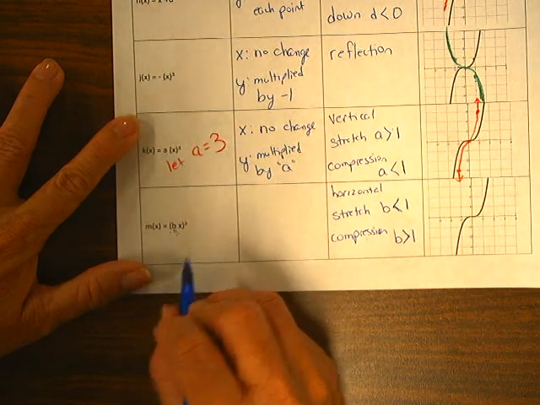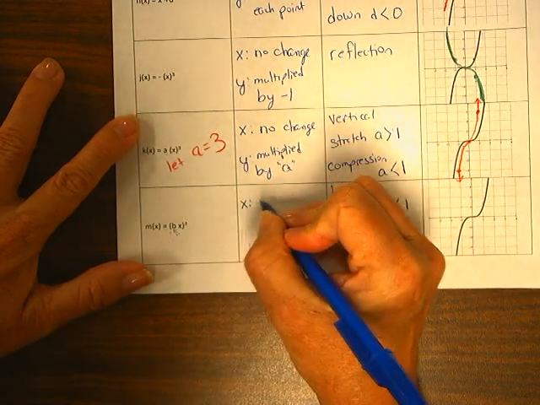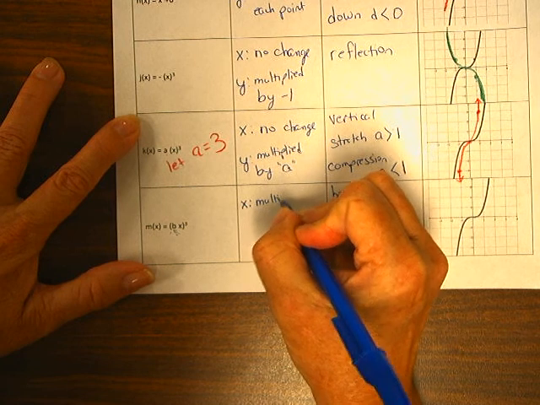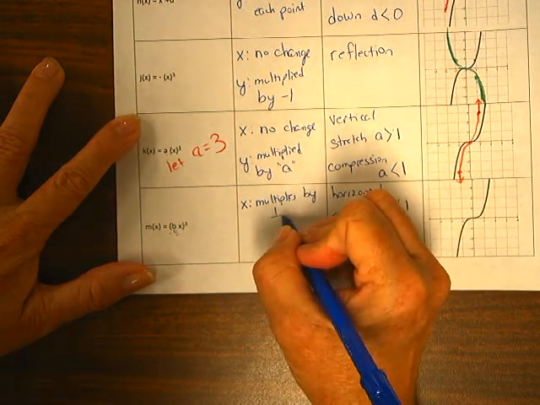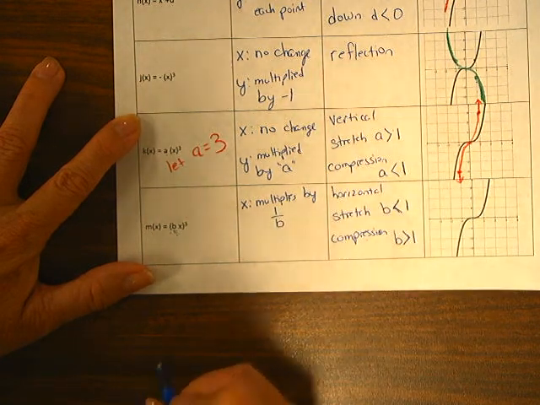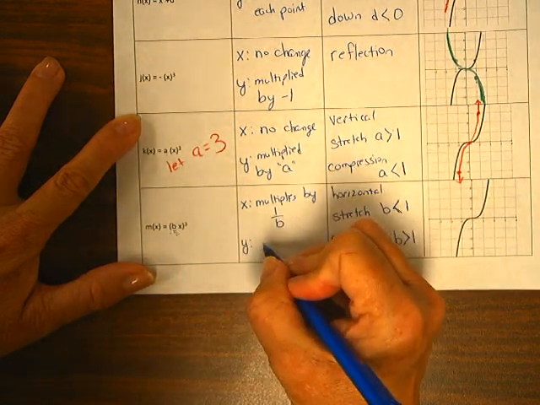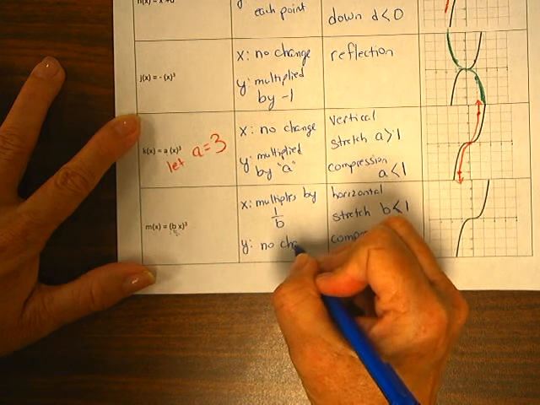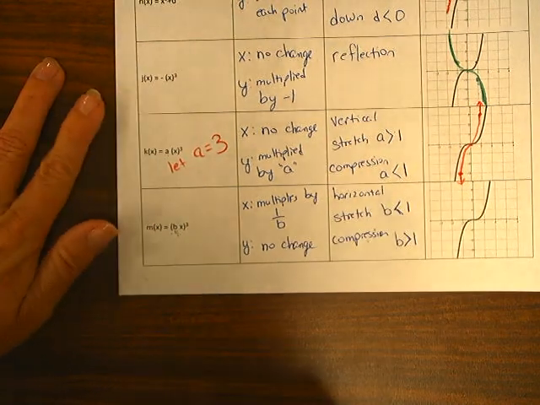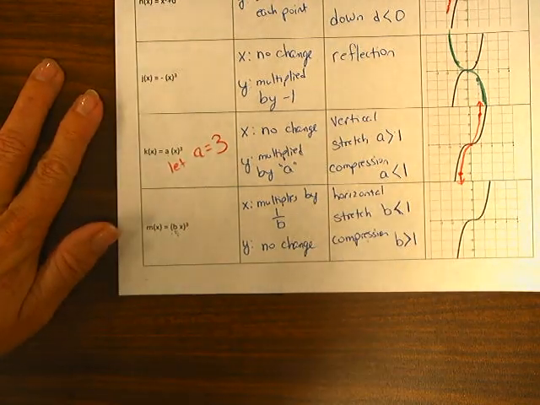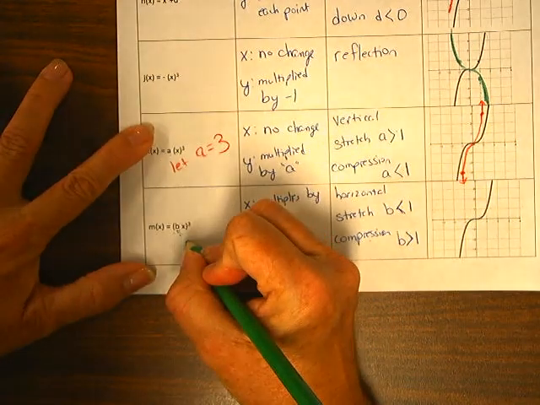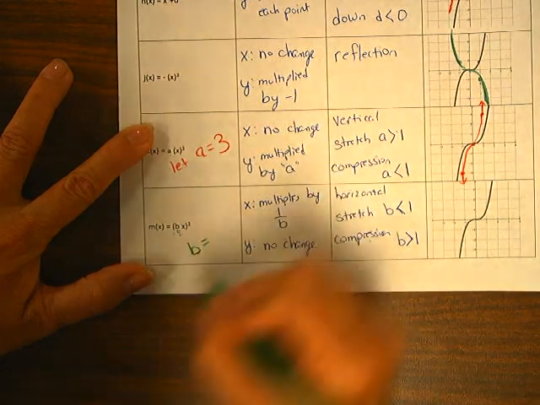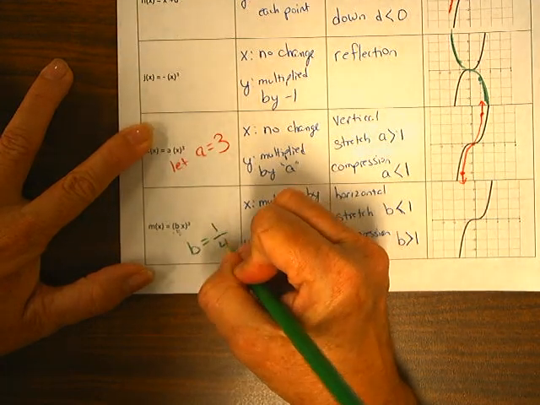And the way this works is it takes your x value and it multiplies each x value by 1 over b. It takes the y values and there is no change. So let's pick a value here. How about we allow b to equal 1/4?